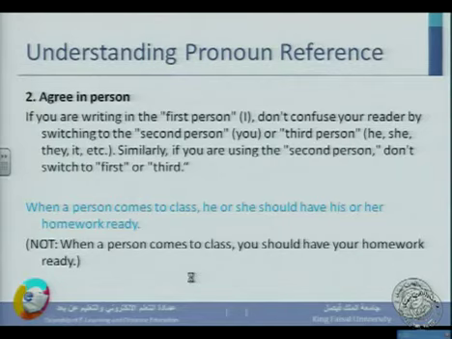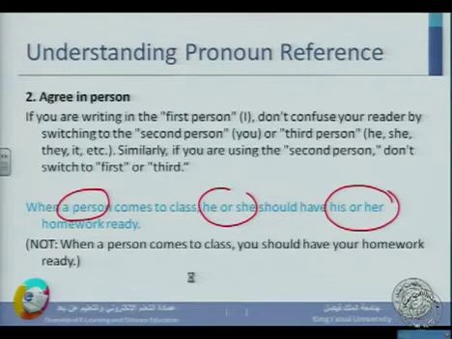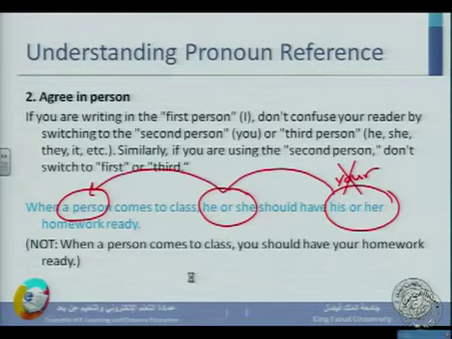So when a person, for example, comes to a class, this is an example, he or she should have his or her homework ready. لاحظوا. A person, he or she, and his and her. ما بصير هون أعمل your. خطأ. لازم تكون the pronouns نفس الشيء.